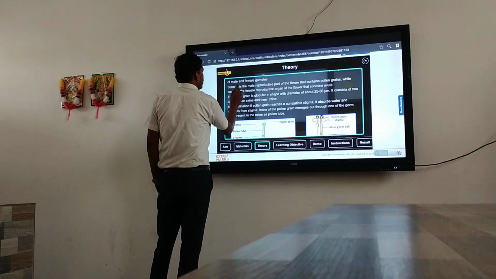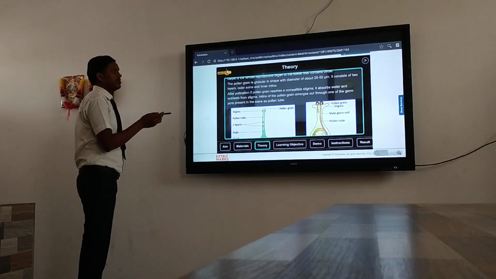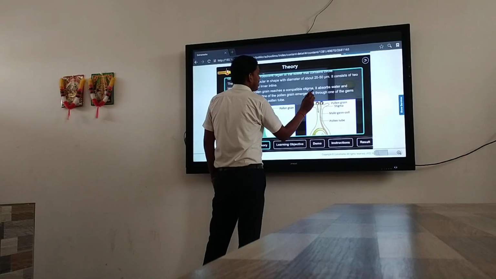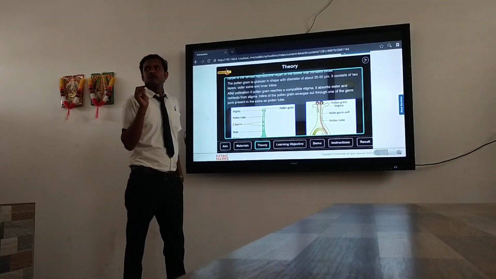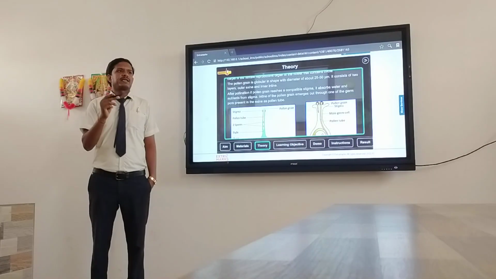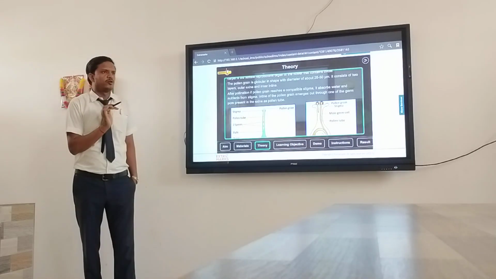After pollination, if the pollen grain reaches a compatible stigma. This is a very important thing, because it is not like if a pollen grain falls on the stigma there will be 100% germination of the pollen grain.